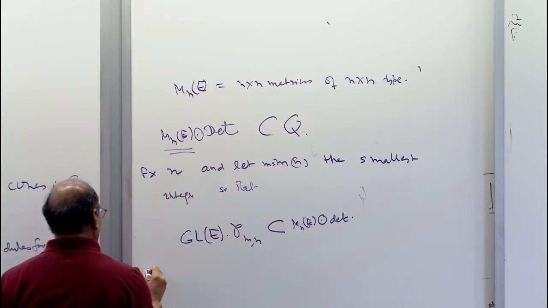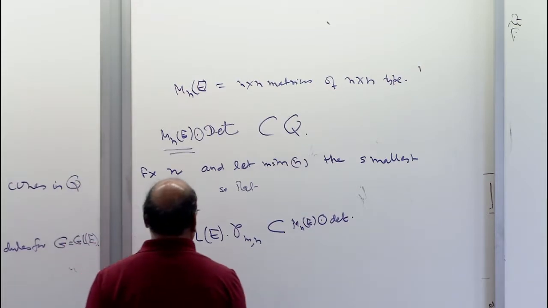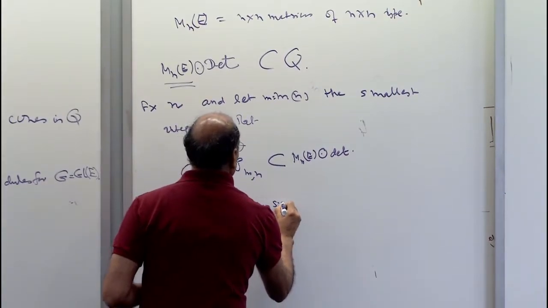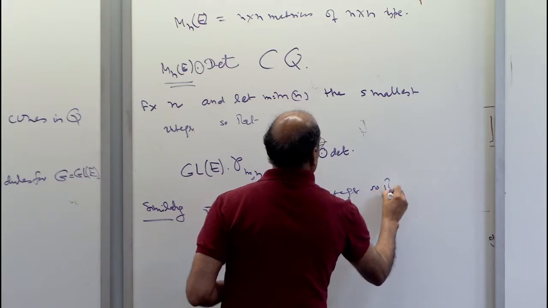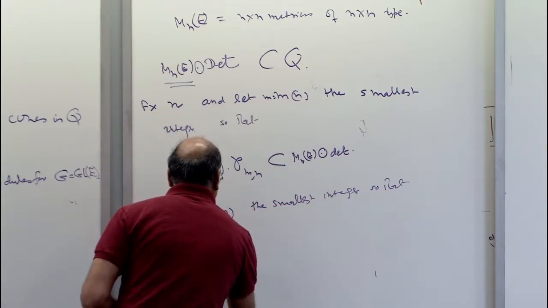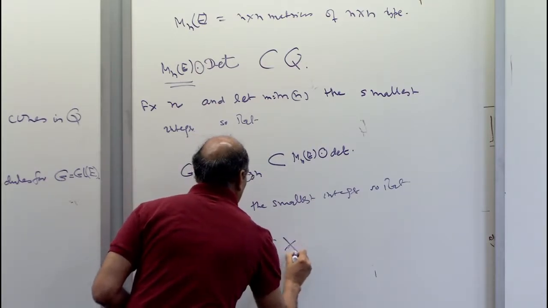And similarly, let's take m bar n, the smallest, so that this x for m_n is sitting inside x.